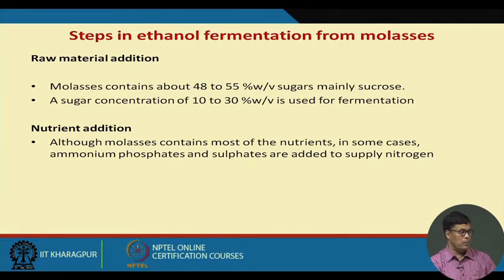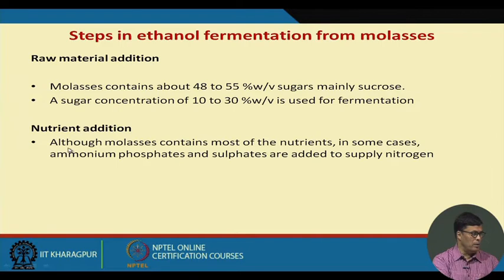Nowadays, due to development of osmotolerant and alcohol tolerant yeast cells, it is possible to increase the alcohol concentration up to 15%. So the sugar concentration also increased to a great extent.